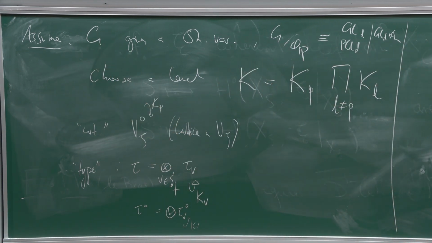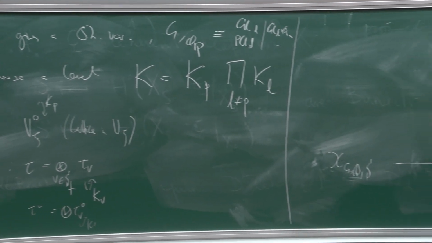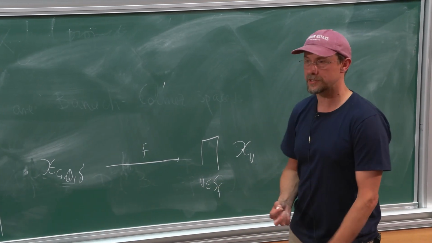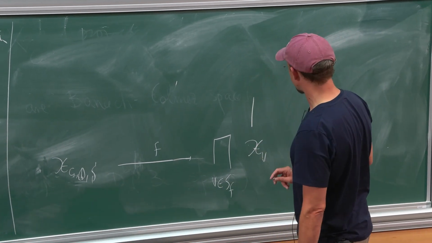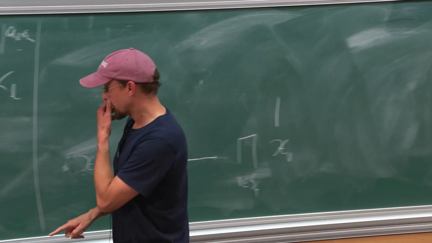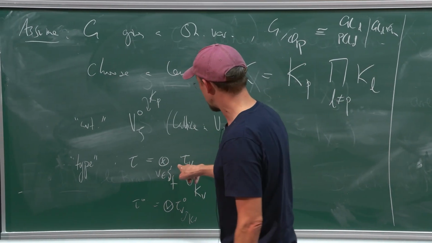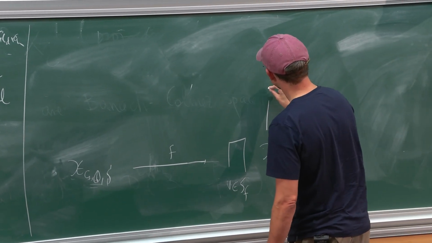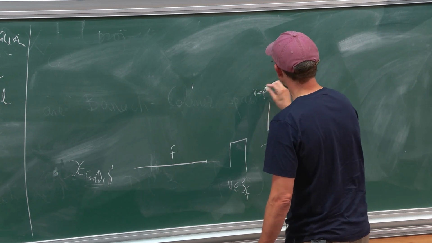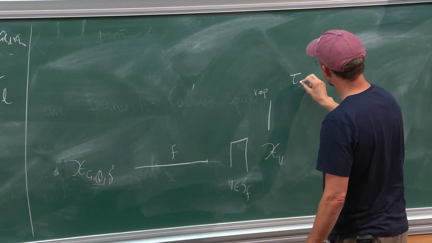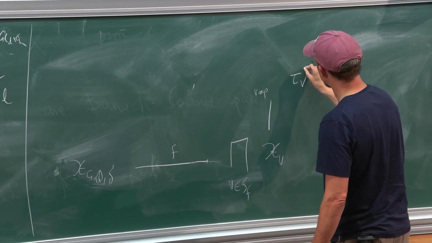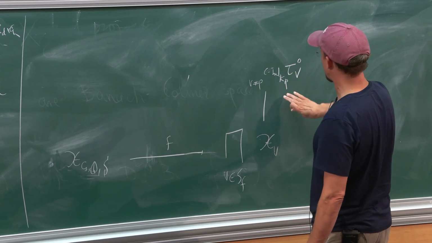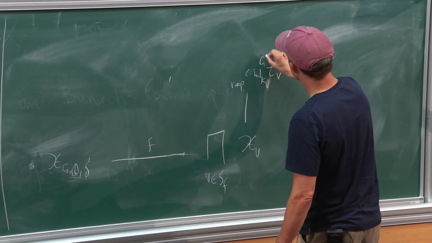And then now we're going to believe we have all these categorical Langlands conjectures. And so over this guy, I can make sheaves. To make a sheaf, I need to input a representation, but I have the data for that. So, at a place v different from p, I have this tau_v^circ, and I can compactly induce it from K_v, which is a representation of G(Q_v).